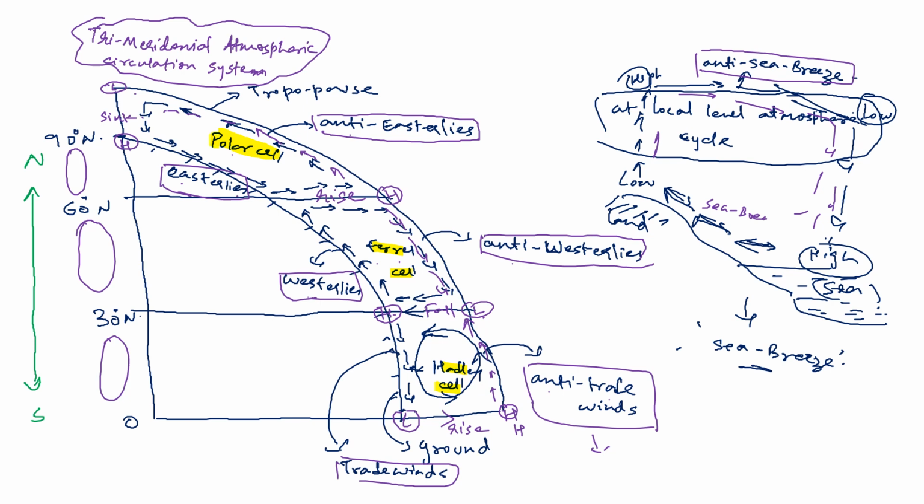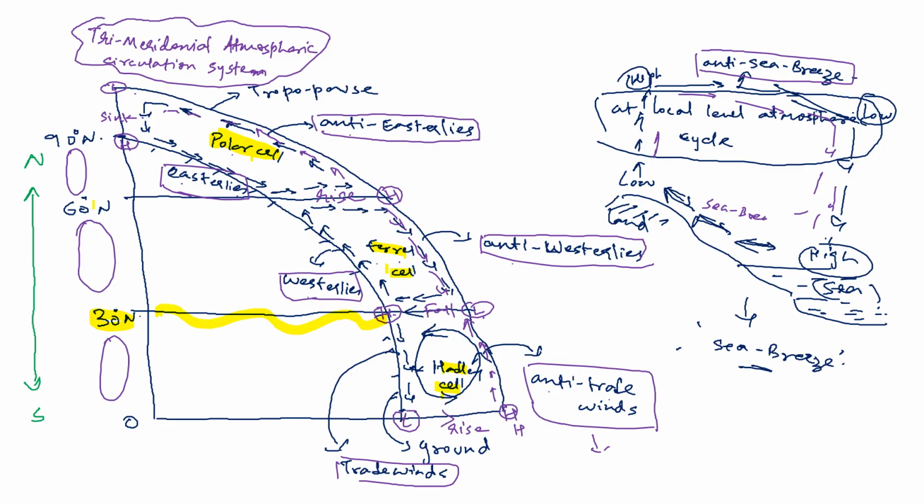These cells interact at two spatial locations: at 30 degrees north, between the Hadley cell and the Ferrel cell, and at 60 degrees, between the polar cell and the Ferrel cell. Because of this interaction, jet streams are produced at both 30 and 60 degrees.